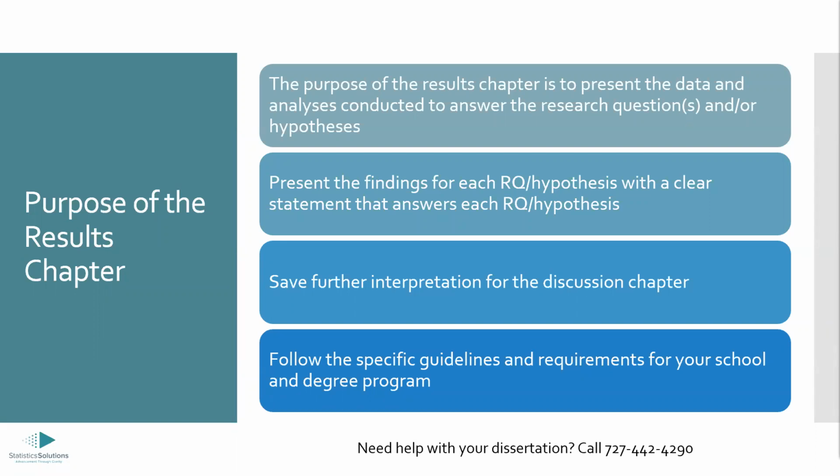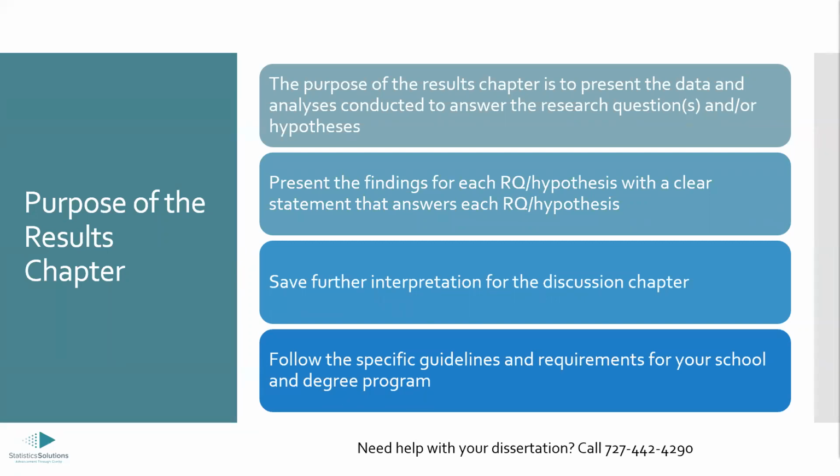And it's important to note that although we are going to be covering the sections that are most typical for the results chapter based on our experience with a lot of different schools, it's important that you follow your specific school's requirements and guidelines for the results chapter.